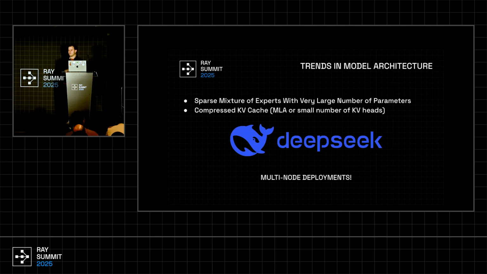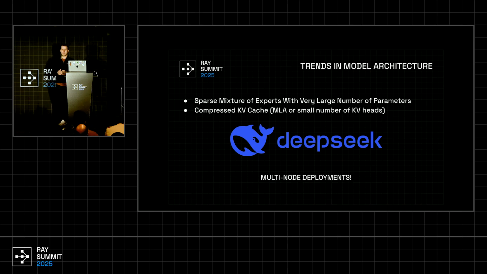And so this has been what has been happening over the course of the past couple of years, which is we've seen these very, very large sparse mixture of experts models, where it's very challenging to even fit the model within a single node, which breaks the parallelism scheme that uses tensor parallelism for the Llama-style models.